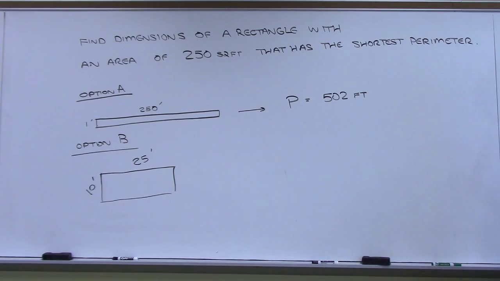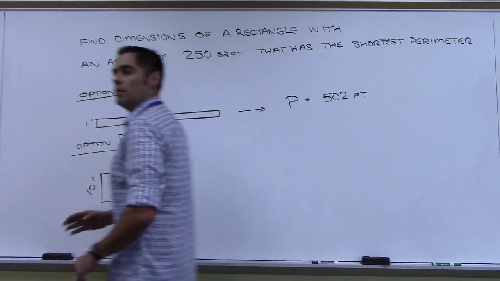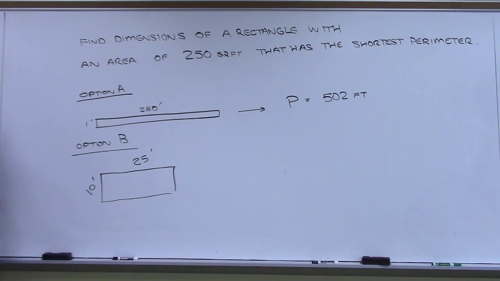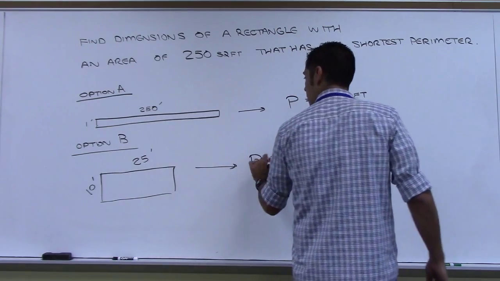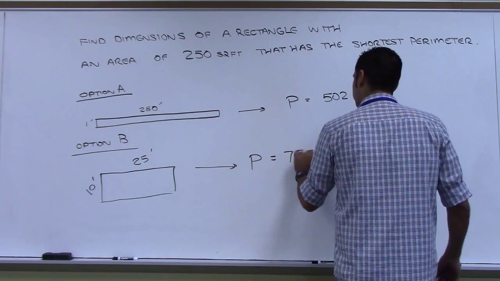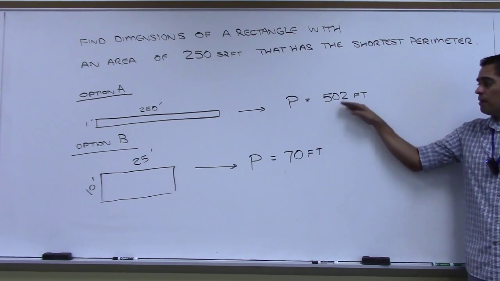Does that have the appropriate area? 10 times 25, right? That gives you 250. What's the perimeter of this one? 70 feet. Much less perimeter than this, right? Much less.